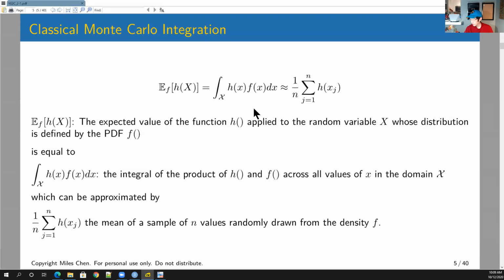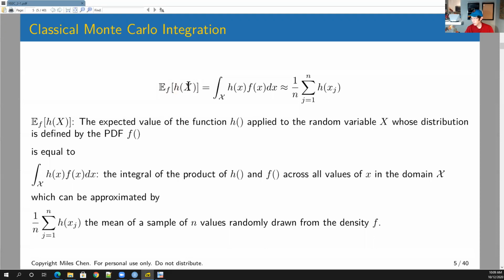This notation is a little bit complicated, and so we say this is the expected value. That's the E part, the expected value of the function h applied to the random variable x, right?